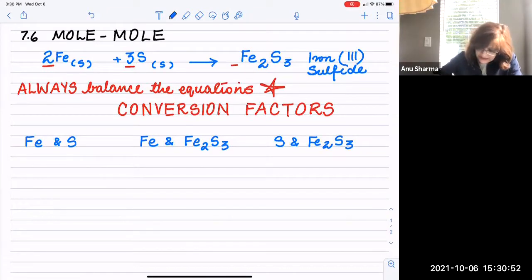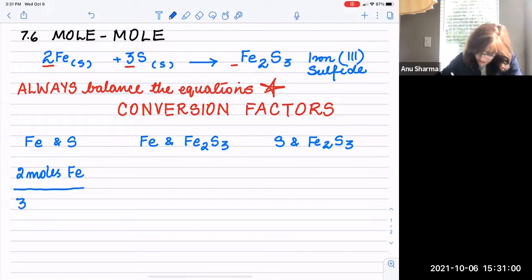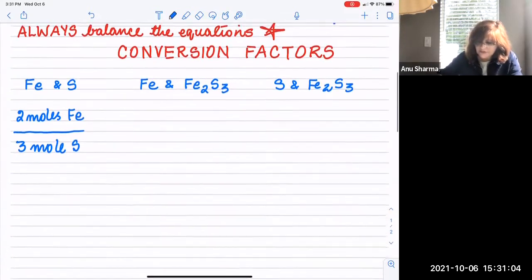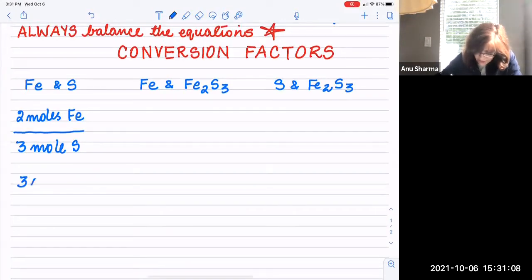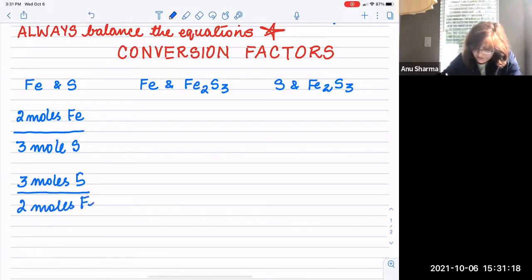So we see that 2 moles of iron are reacting with 3 moles of sulfur. So this is one conversion factor. The second conversion factor is 3 moles of sulfur reacting with 2 moles of iron. So 2 conversion factors.